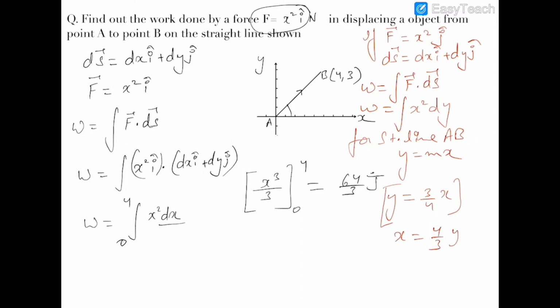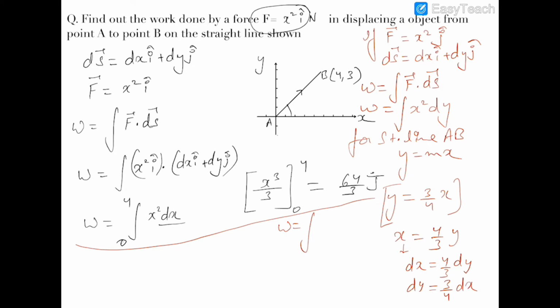Therefore, if I substitute these values in the work done equation, then W will be equal to integration of x square dy. So x square, either we can replace x with y or we can replace dy with dx. So I'm replacing dy with dx. From this equation, dy will be equal to 3 by 4 of dx.